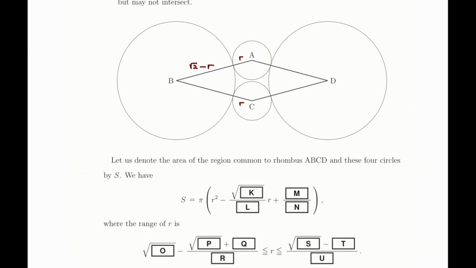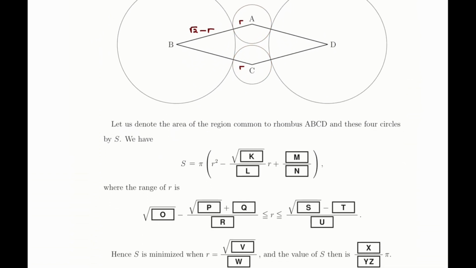Let us denote the area of the region common to rhombus ABCD and these 4 circles by S. We have S equals to blah blah blah. So we need to find the area of the common region between the rhombus and the circles.